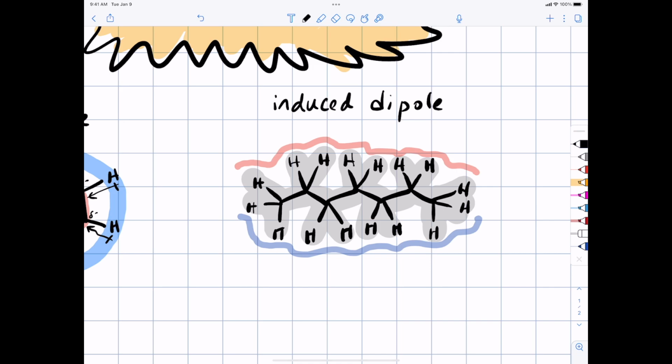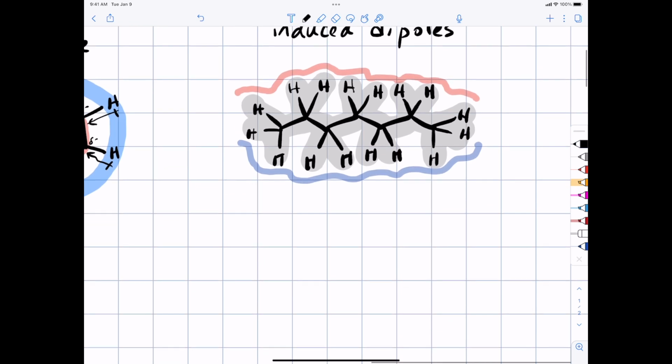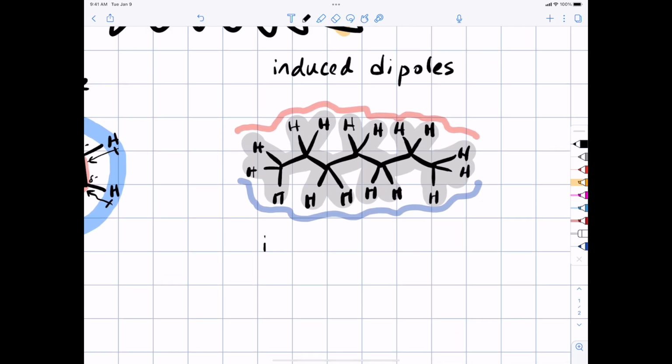And this has to do with instantaneous, not permanent, transient, fluctuating electron density about a molecule.